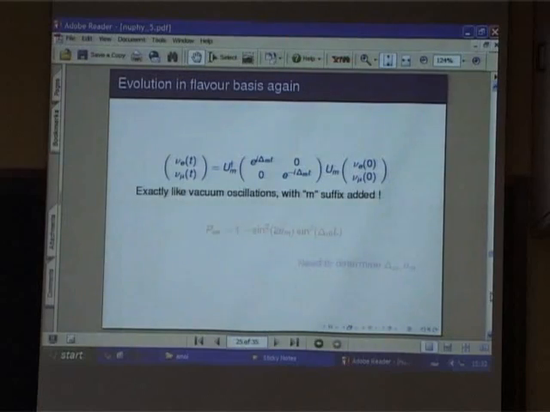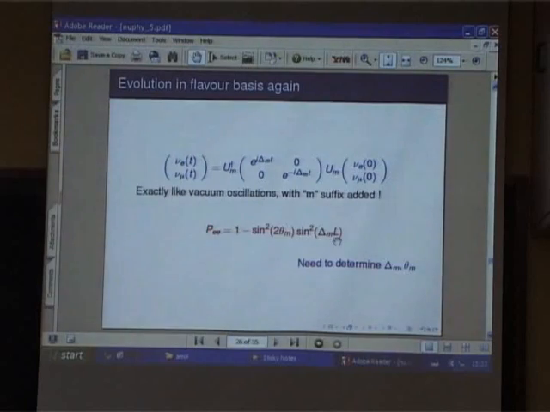And if I do that, just like what we saw today, where the survival probability was 1 minus sine square 2 theta times sine square delta t, I will simply get this answer: P is 1 minus sine square of 2 theta m times sine square of delta m times t.